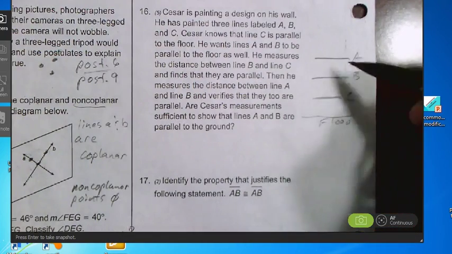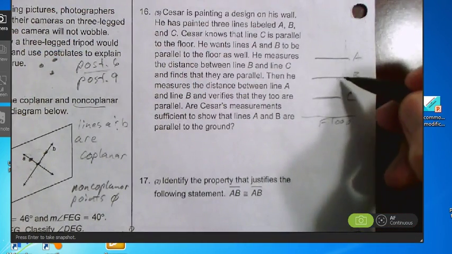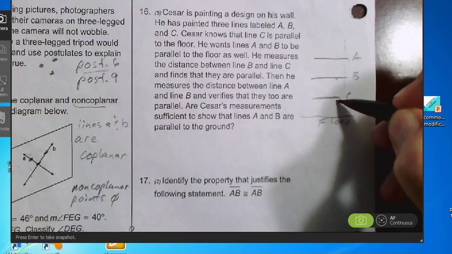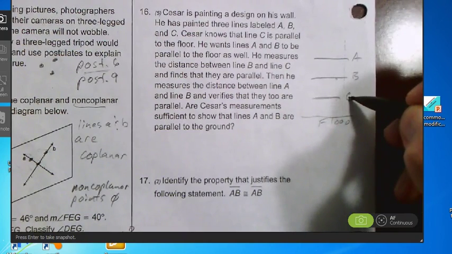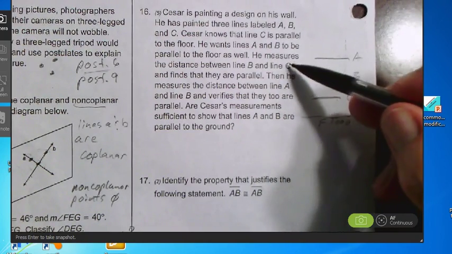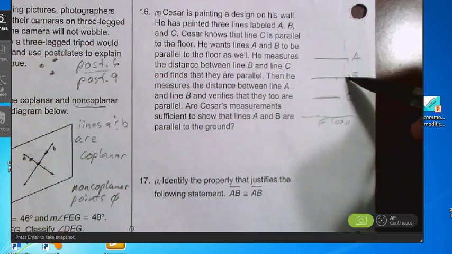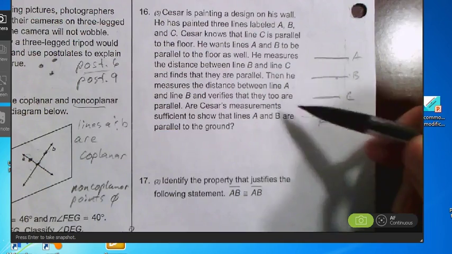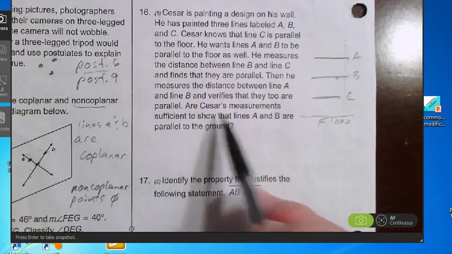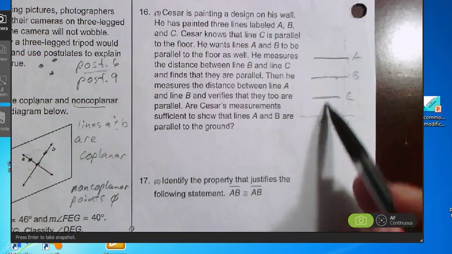All right, so he measures the distance between B and C, and he finds out they're parallel. And then he measures the distance between A and B, and verifies that they're parallel. And then he needs to see if all of these will be parallel.